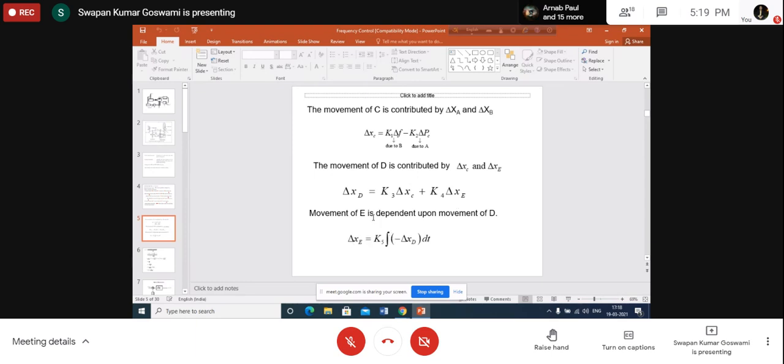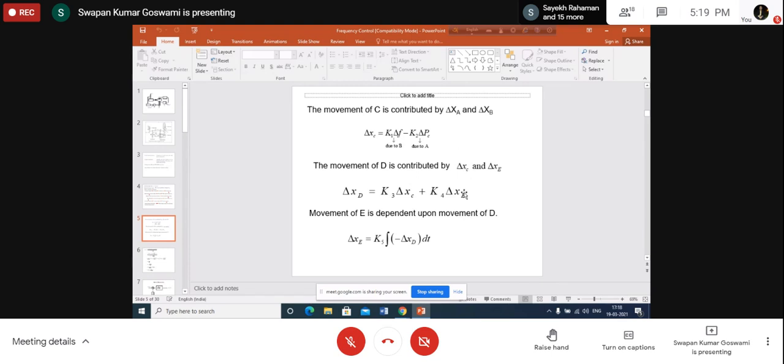Again there is delta XC(s); put its value from this equation here, and then you can write an expression for delta XC(s) in terms of delta PC and delta F(s). Because delta PC is the power increase command and delta F(s) is the change in frequency, we shall be interested to develop the expression in terms of delta F(s) and delta PC(s).